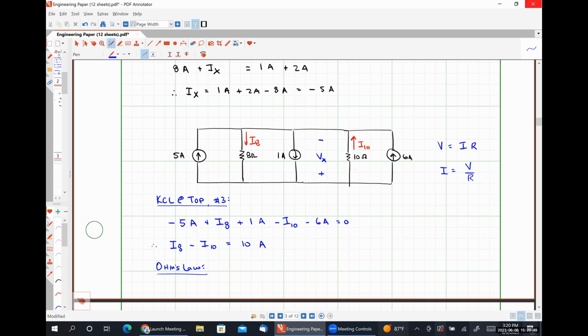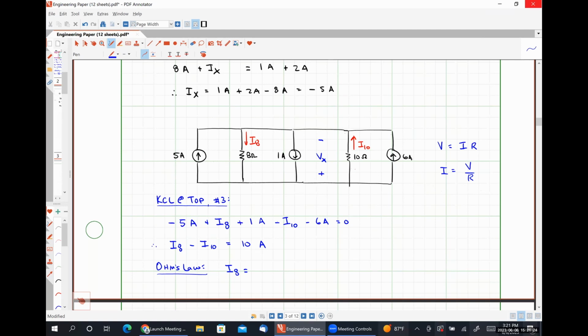So how am I going to express I8 in terms of Vx? But wouldn't we solve for Vx first, and then divide it by the resistance? We can't solve for Vx yet because we don't know any voltages whatsoever.